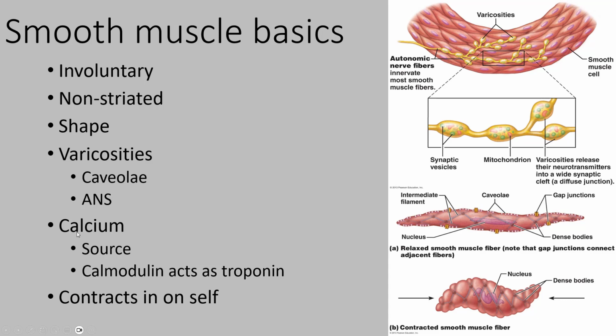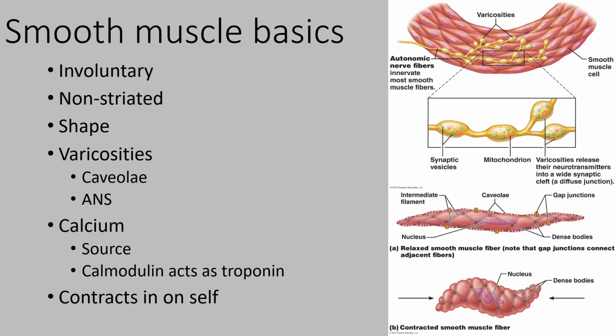And when an action potential is sent and the muscle is going to react, where does the calcium come from? Well, calcium is actually coming from outside the cell. Smooth muscle cells do not really have much of a sarcoplasmic reticulum, so they are not storing calcium inside.